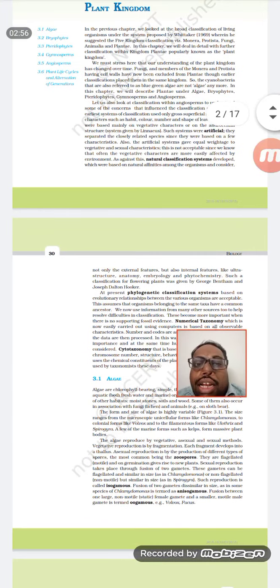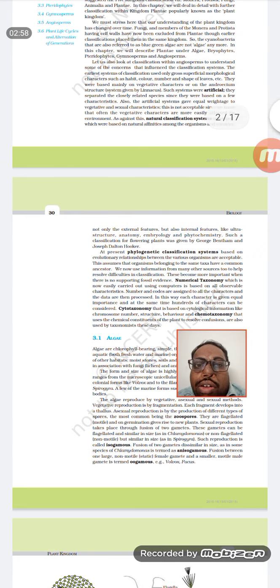And the next one is that at present we are running on the phylogenetic classification, that is on the basis of evolutionary studies. For this, we will be checking for the common ancestors. In order to find these common ancestors, we will use fossils, DNA analysis and DNA techniques, and we'll be using homologous and analogous features.